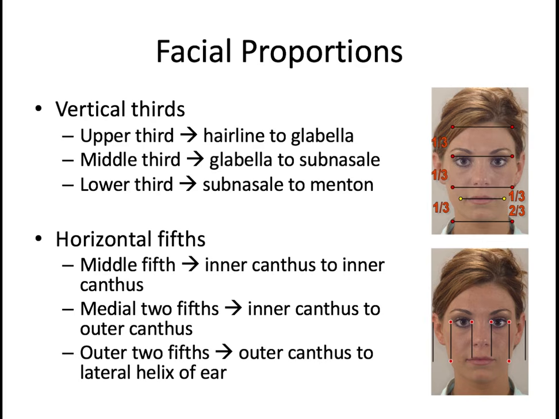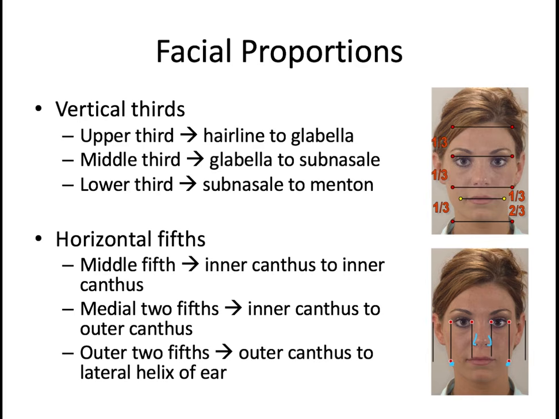And then the vertical line from the inner canthus point should be coincident with the alar base. So that's the sides of the nose. That line should be coincident with the sides of the nose, which it is in this case. And not only that, but the vertical line from the outer canthus should be coincident with the gonial angles of the mandible, that corner of the jawline there.